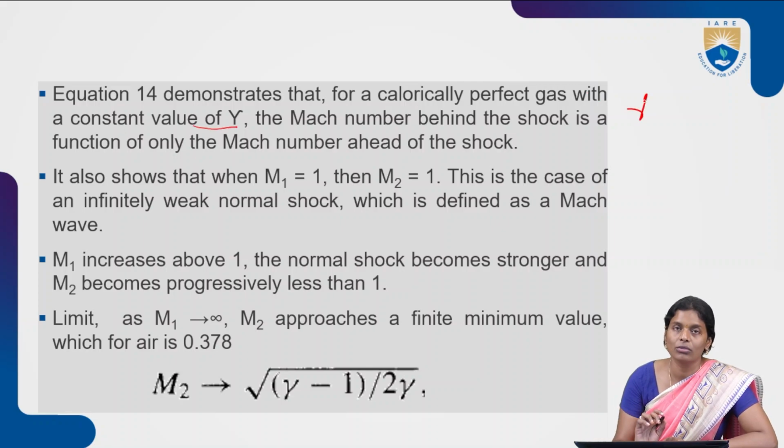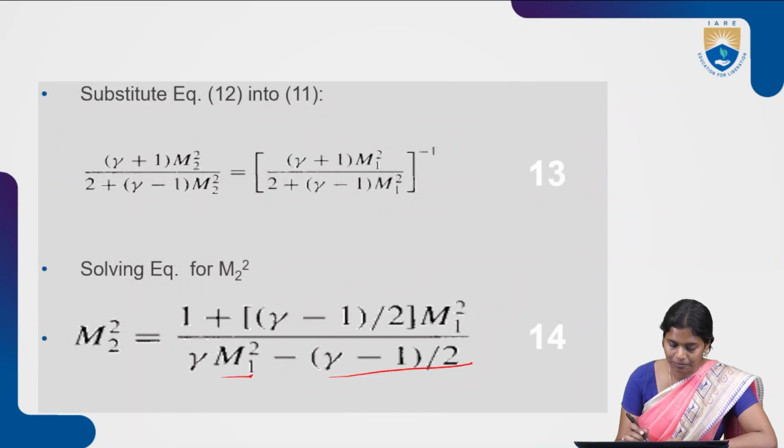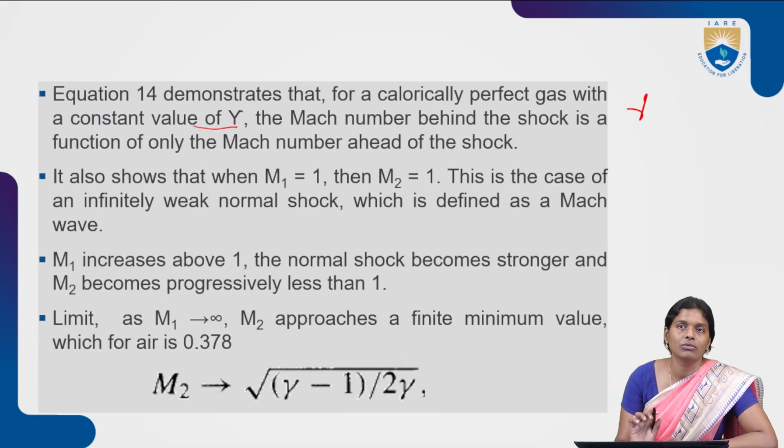So the Mach number behind the shock wave is a function of only the Mach number ahead of the shock. As you can see here, M2 behind the shock wave depends on M1 ahead of the shock wave. That's what we are saying here.